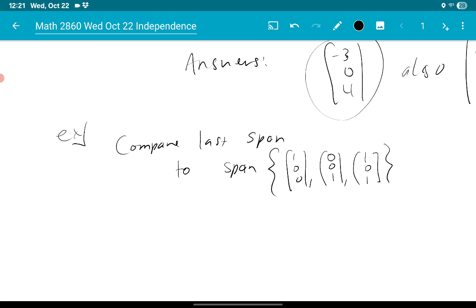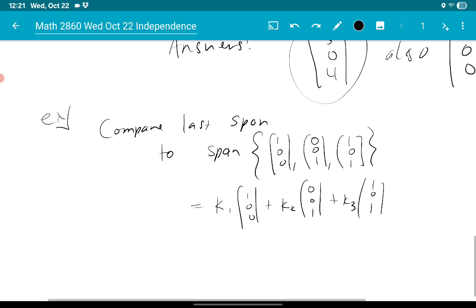Okay, so now this would equal all linear combinations of those three. So K1 times (1, 0, 0), plus K2 times (0, 0, 1), plus K3 times (1, 0, 1), because we're taking linear combinations of a set of three things. And again, the K1, the K2, and the K3 can be anything.